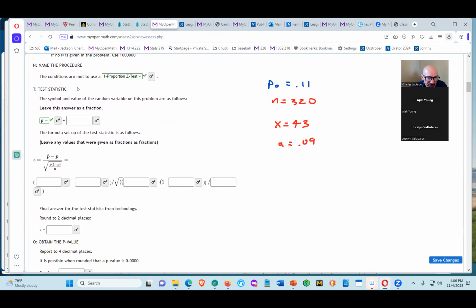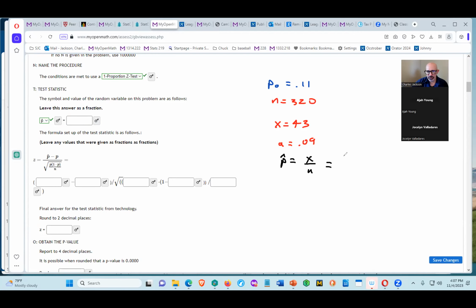Now, the p-hat, I mean, you can do that, right? I didn't know the formula for that. I couldn't find it, and I didn't know how to figure out p-hat. All right, fair enough. So p-hat, the formula is just x over n. Okay, I didn't know that.